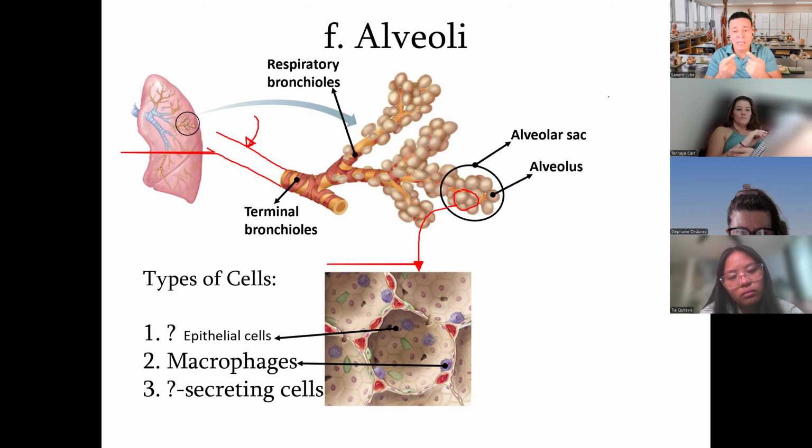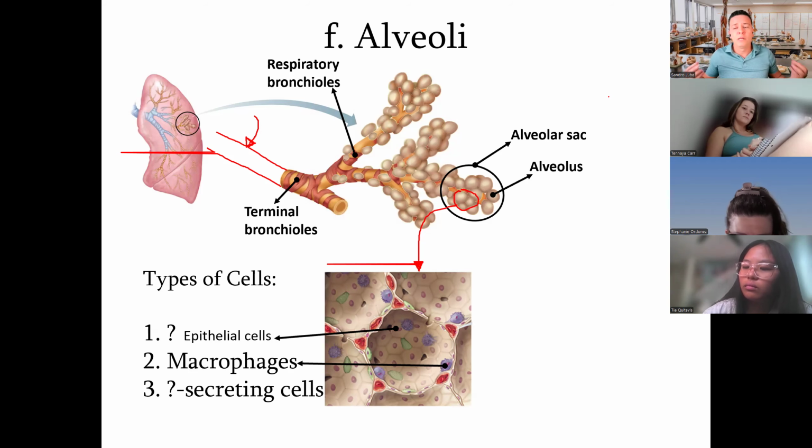Every time that we inhale, we take the outside inside. Most of the other organs in our body are protected from the external environment. They're never going to see the external environment. But our lungs are directly exposed to that external environment.